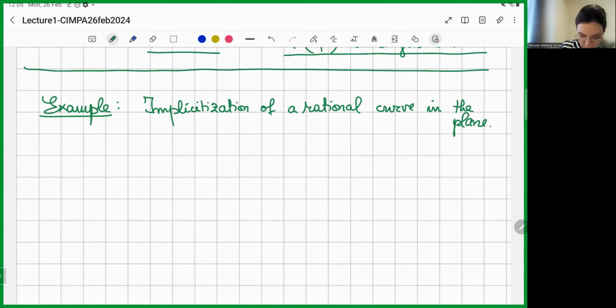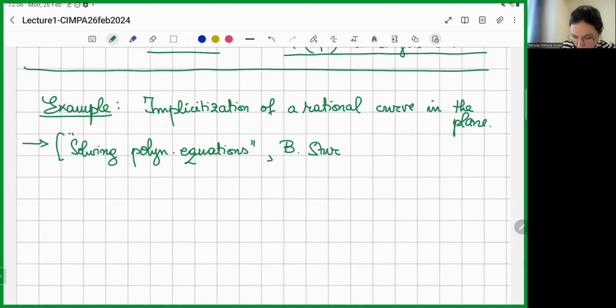And here I can recommend as a reference Solving Polynomial Equations. It's a book by Bernd Sturmfels.